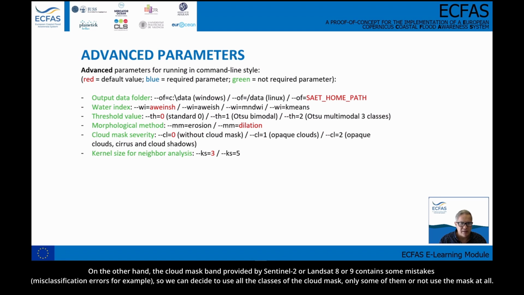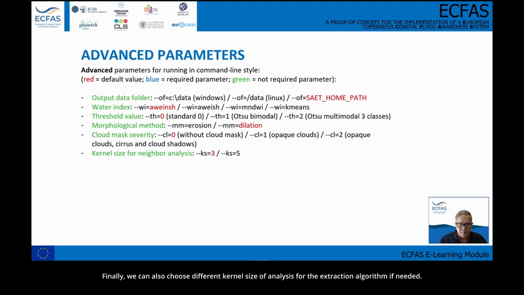On the other hand, the cloud mask band provided by Sentinel-2 or Landsat-8 or 9 contains some mistakes, misclassification errors for example, so we can decide to use all the classes of the cloud mask, only some of them, or not use them at all. Finally, we can also choose different kernel size of analysis for the extraction algorithm if needed.